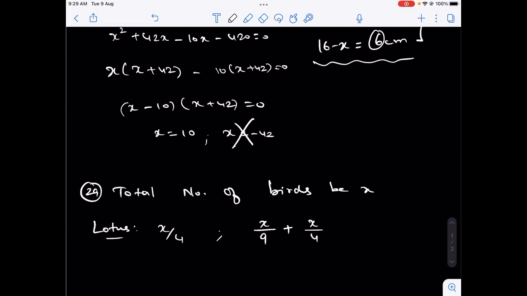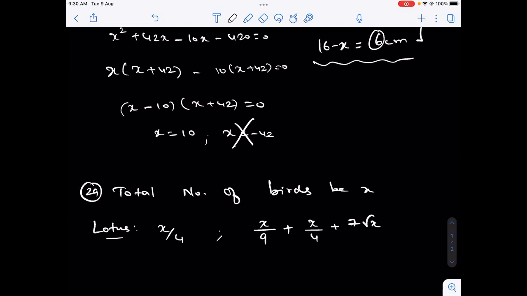1/9 coupled along means plus. So x by 9 coupled along with 1/4 as well as 7 times the square root of the number, that is x by 4 and 7 root x.